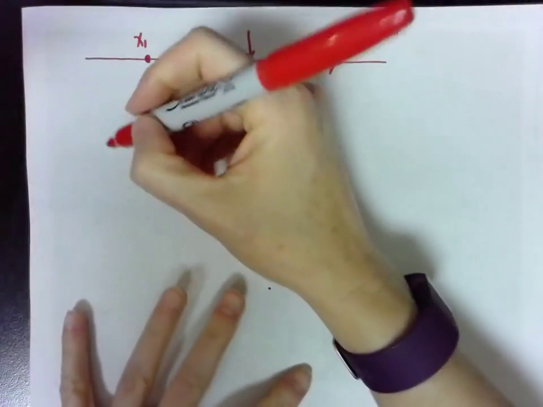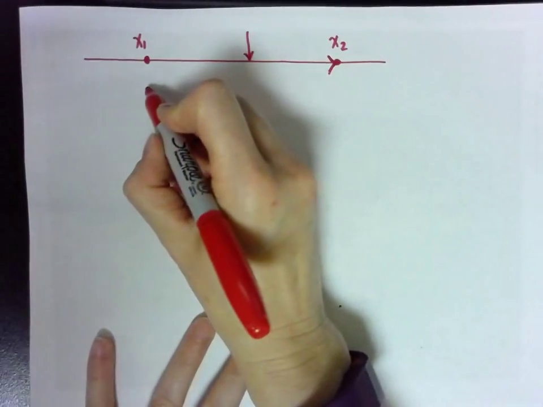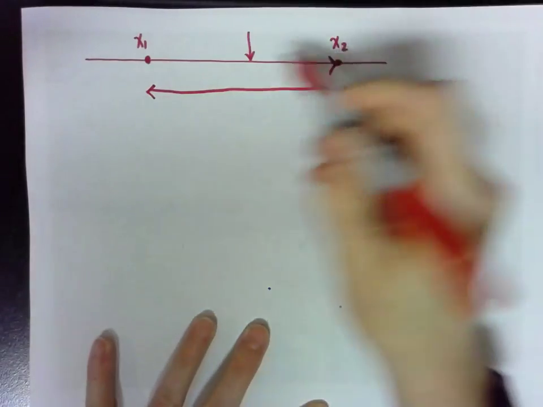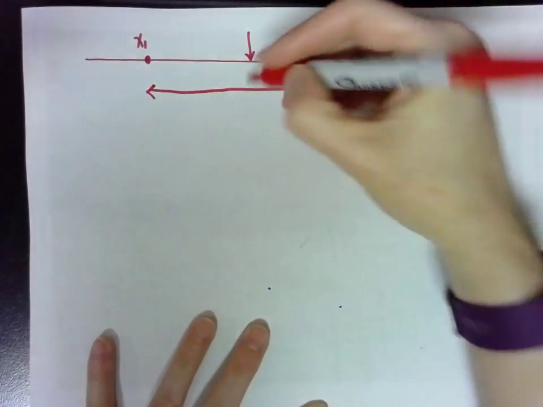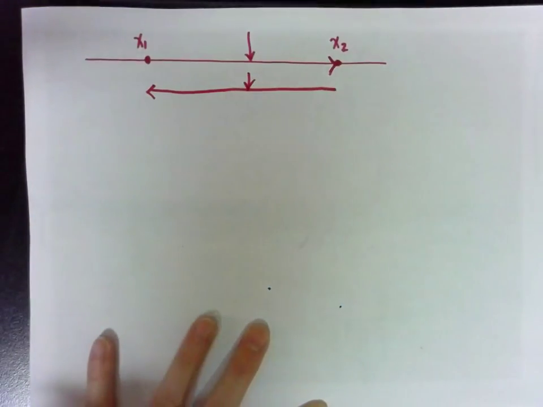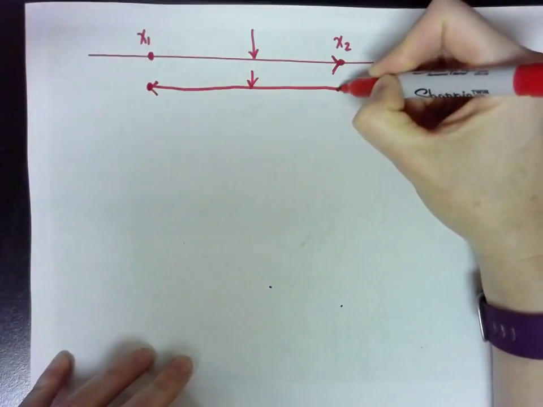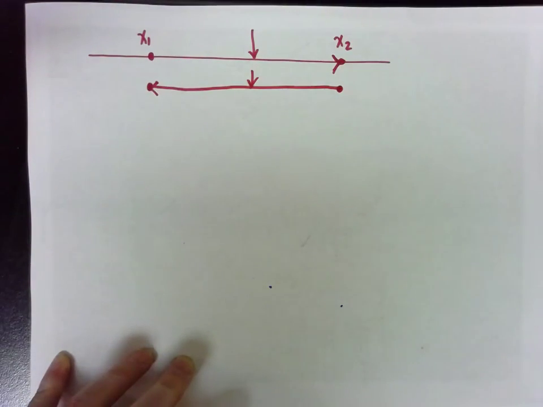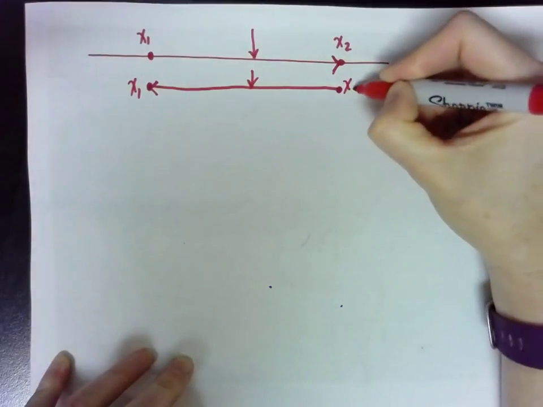Hopefully it's somewhat obvious that if you're doing halfway between, whether you start at x1 and go to x2, or start at x2 and go to x1, you should end up at the same place. But let's derive the general case, just using variables, and see what we get.